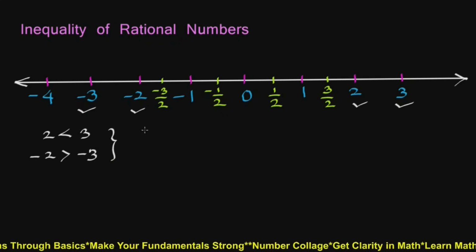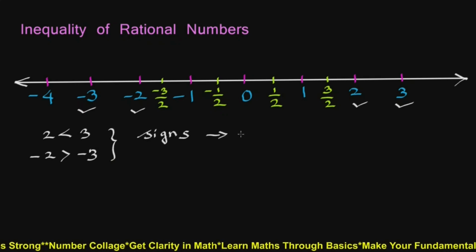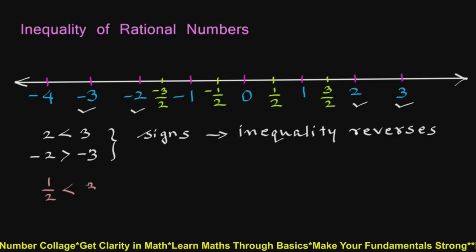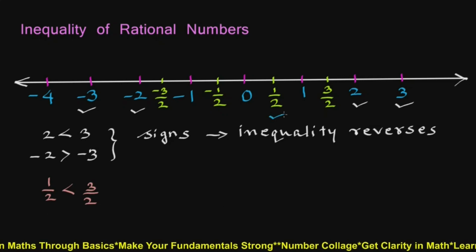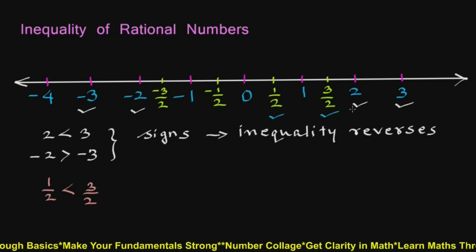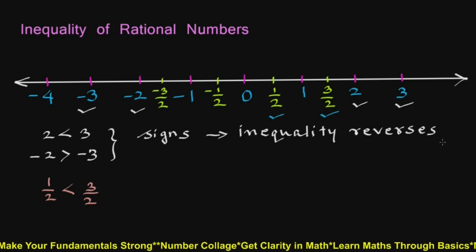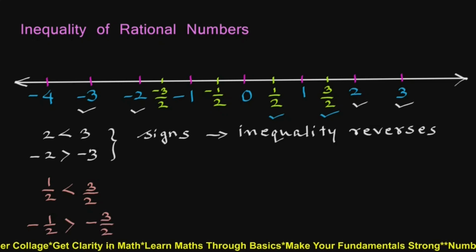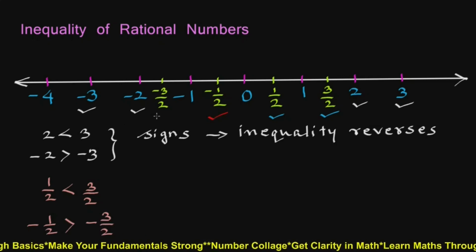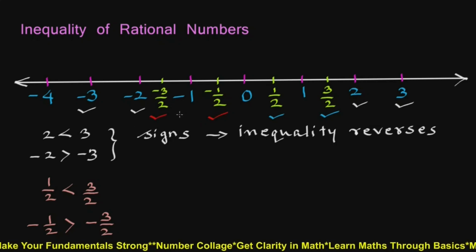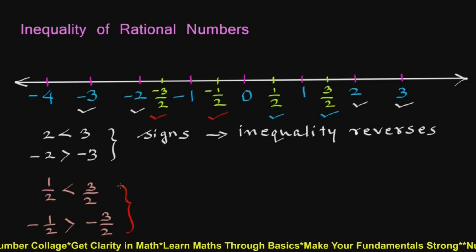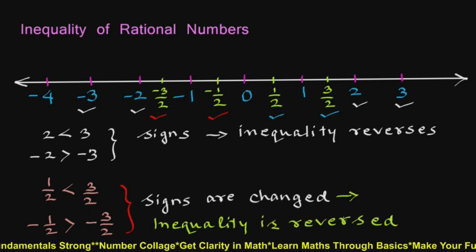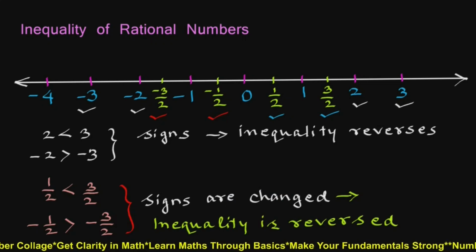So therefore, when we change signs, the inequality reverses. 1 upon 2 is less than 3 upon 2 because 1 upon 2 is to the left of 3 upon 2 on the number line, but minus 1 upon 2 is greater than minus 3 upon 2 because minus 1 upon 2 is to the right of minus 3 upon 2 on the number line. So when signs are changed, inequality is reversed between two rational numbers.